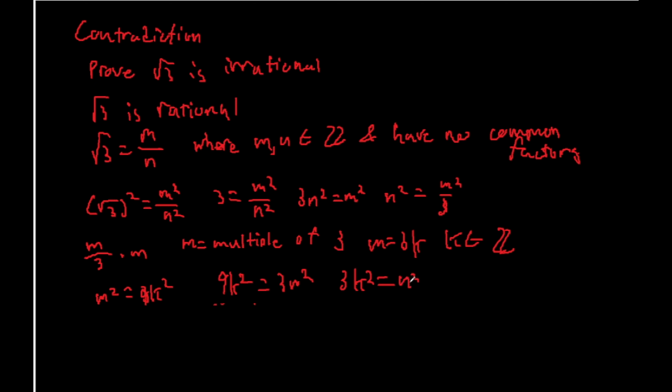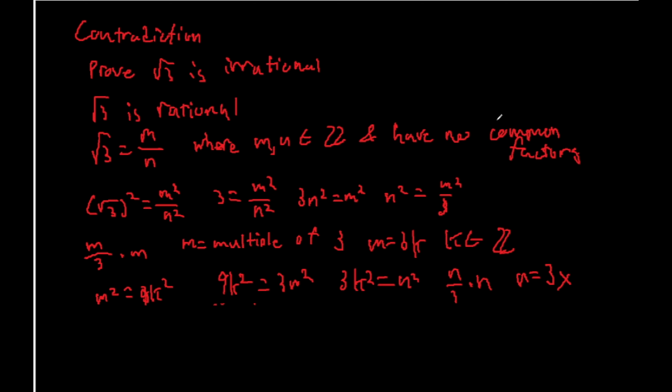But this looks very similar to how we just proved that m is a multiple of 3, right? Because now we can divide n squared by 3. And now we can say that n, like we said for m, is a multiple of 3. Let's say n equals 3x, right? So n is a multiple of 3, and m is a multiple of 3, which means that they have a common factor of 3.